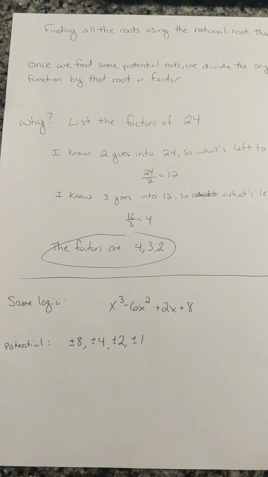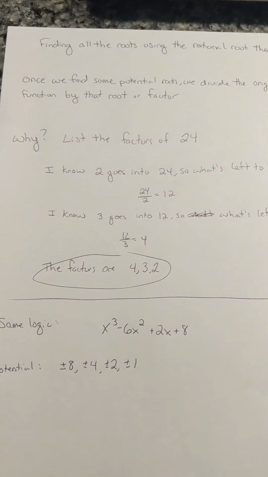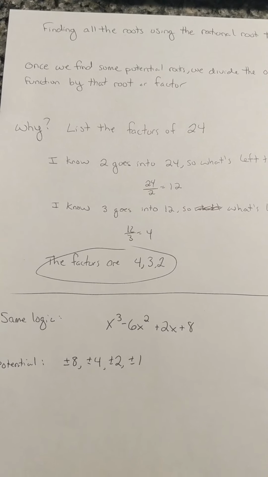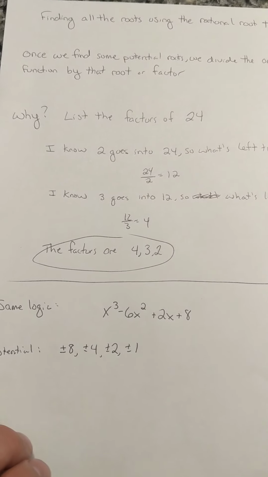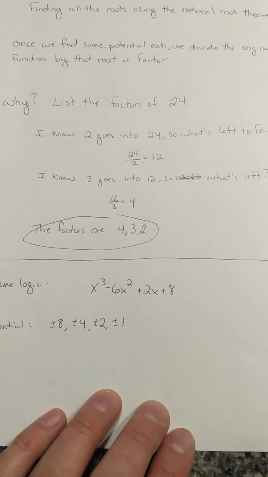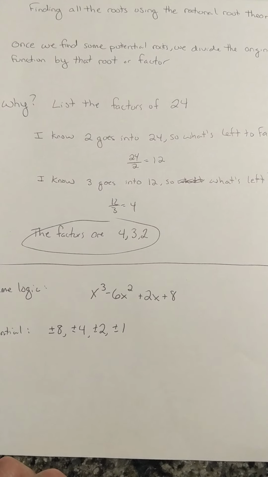So the potential roots would be a positive or a negative 8, a positive or a negative 4, a positive or negative 2, and then a positive or a negative 1. Now this is the pain in the butt part about this problem. There's no way to know which of these 8 roots is the root we want to use.